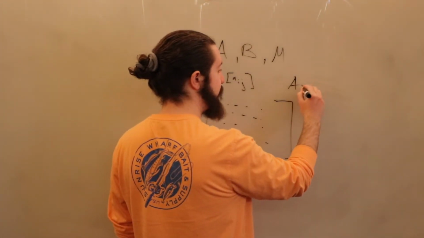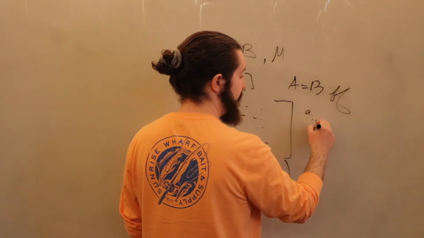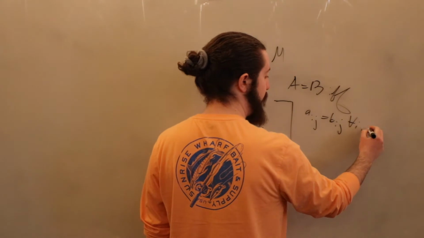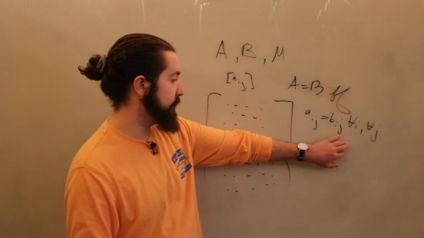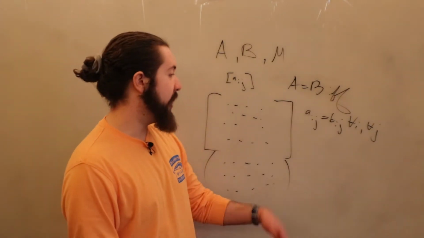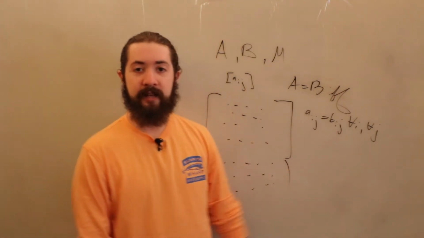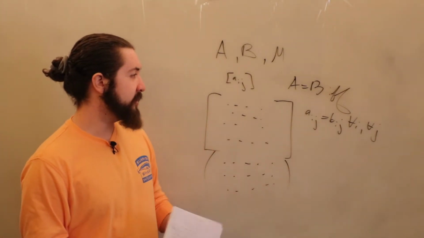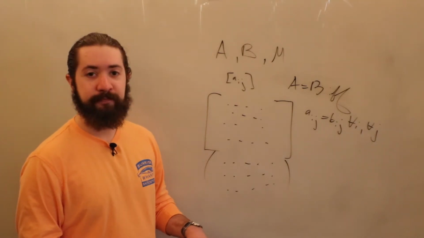So A is equal to B if and only if A sub ij is equal to B sub ij for all i and for all j. Of course i ranges between 1 and m, let's say, and j ranges between 1 and n, typically. We can talk about m by n matrices, although square matrices are going to start taking a front seat pretty soon.